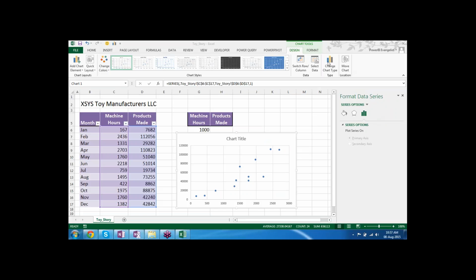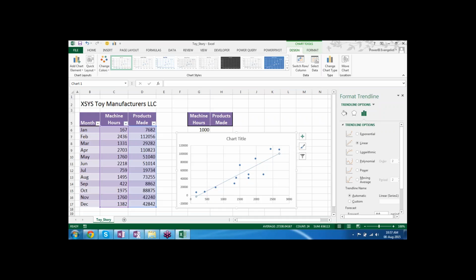Okay, before going to format data series, you just right click and say add trend line. Format data series we will see later on. So first of all, you just say add trend line.